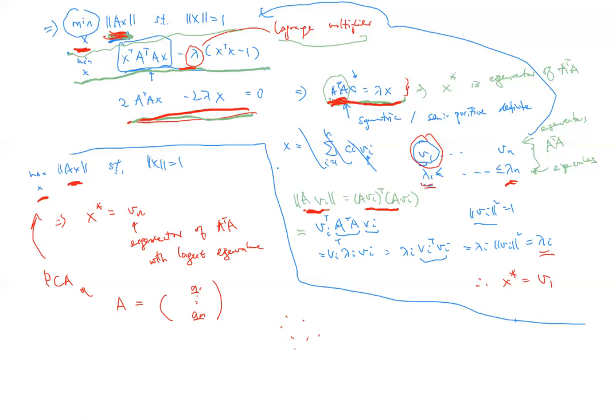Let's not use A n here. Let's say A1 up to AK. So I have K data points, and each of these data points is a vector, and each is n dimensional.